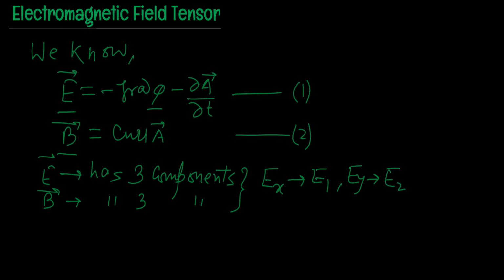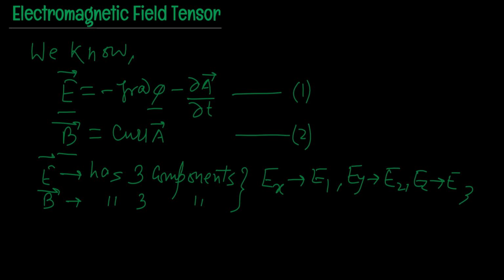Instead of Ez, we will use E3. This is for convenience, as you will see. If we use the numerical subscripts 1, 2 and 3 instead of the indices x, y and z, there will be a convenience in taking the summation.